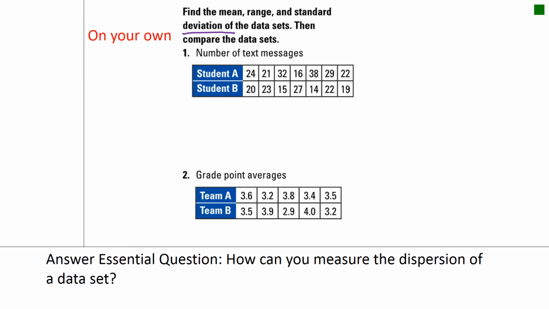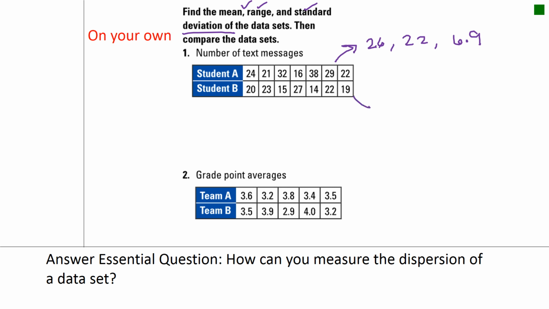What I would like you to do is go ahead and find the mean, range, and standard deviation of the data sets, and press play when you're ready to go over the answers. For student A, you should have gotten that the mean was 26, the range was 22, and the standard deviation was about 6.9.